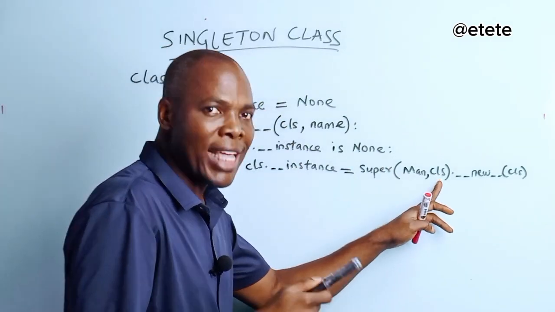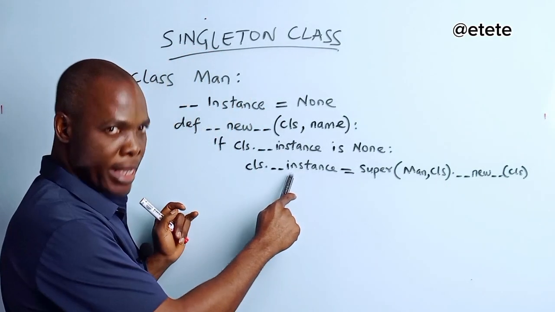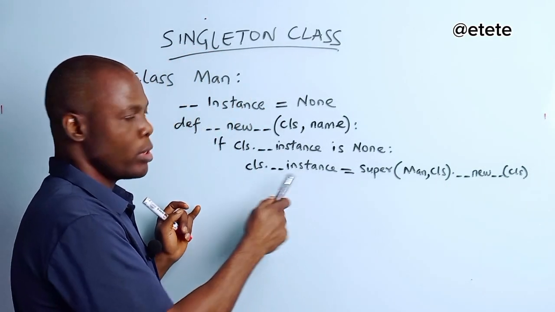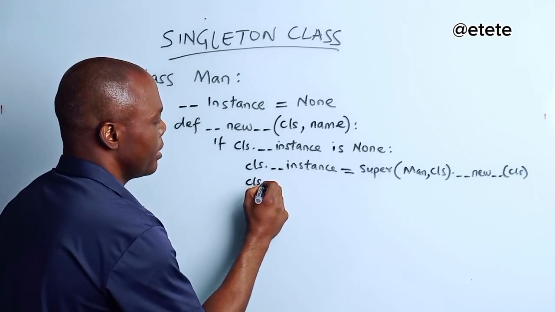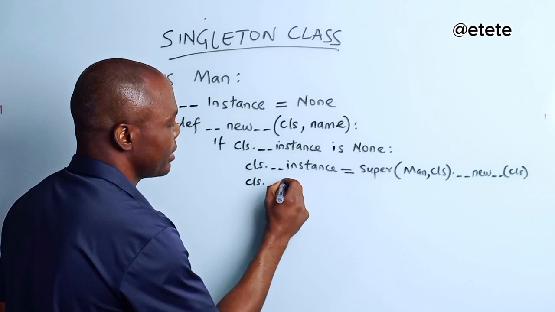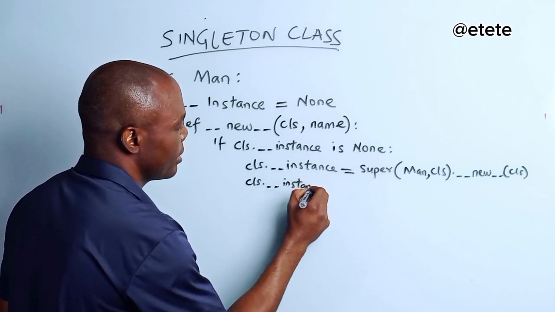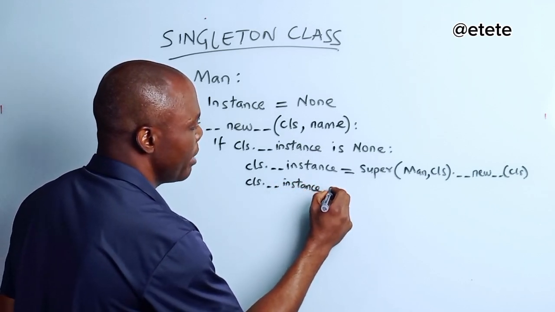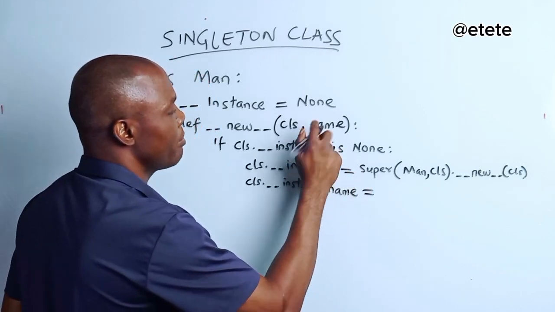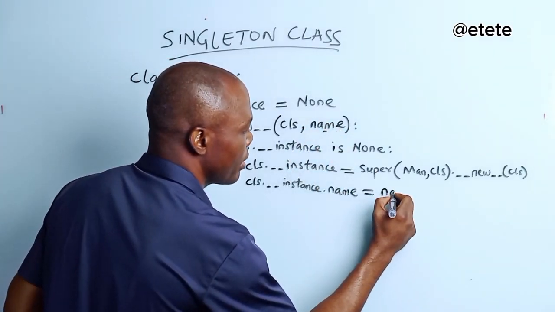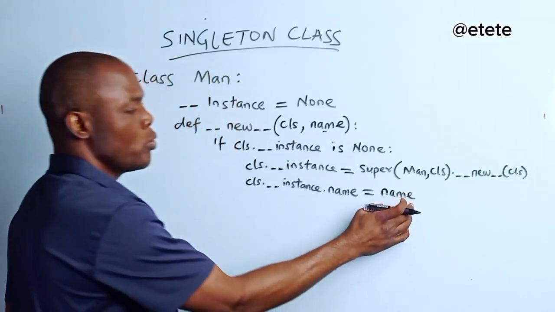Then when that instance is created, it will be stored here inside this attribute. Then we can say CLS dot _instance dot name, which is an attribute that will hold this name. So we'll use it to store.